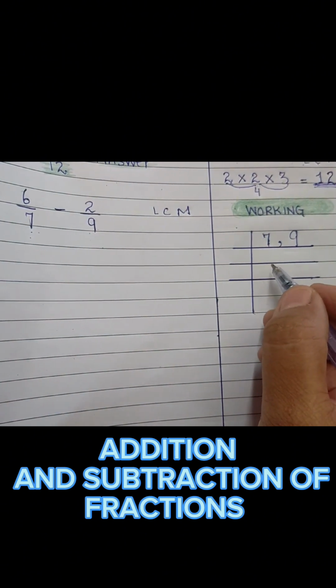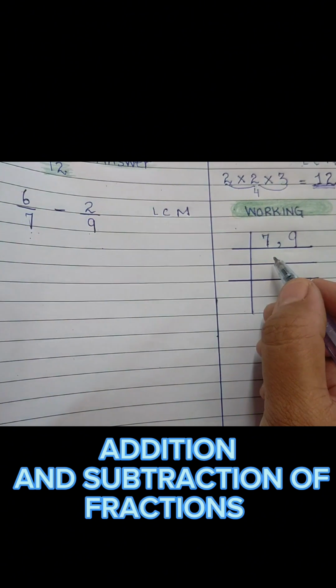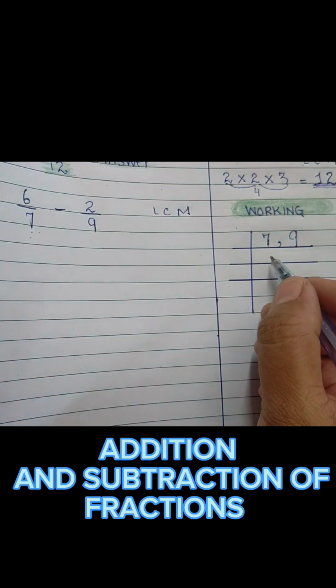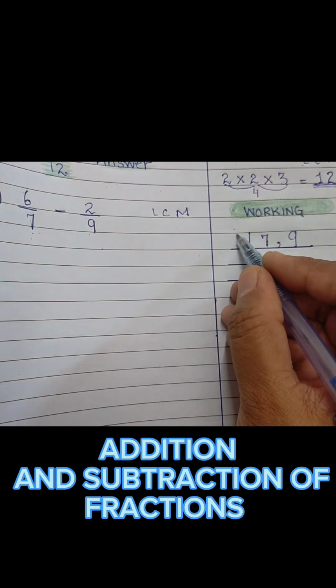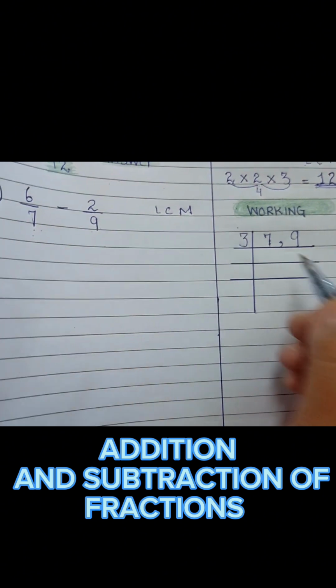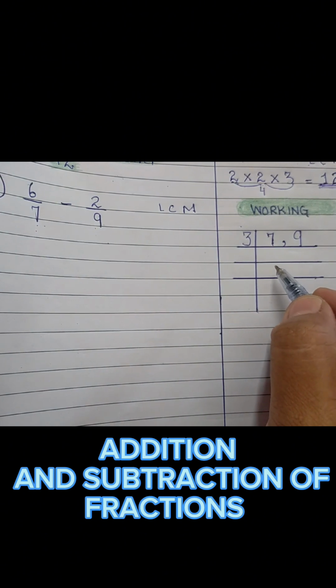These two denominators are a little bigger than the ones that you did before. I will take 3 times table here. Why will I take 3 times table?